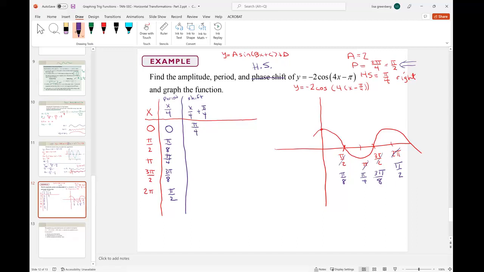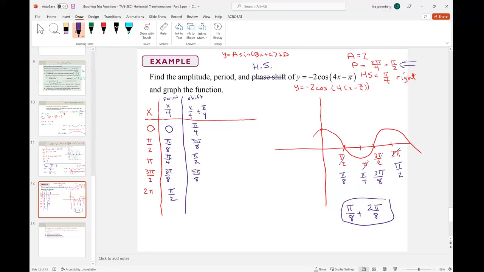Here, let me just do it somewhere so everybody sees. So pi over 8 plus pi over 4 is the same as 2 pi over 8. So I'm getting a common denominator. So this becomes 3 pi over 8. And then pi over 4 plus pi over 4 is 2 pi over 4, which is the same as pi over 2. 3 pi over 8 plus 2 pi over 8 would be 5 pi over 8.